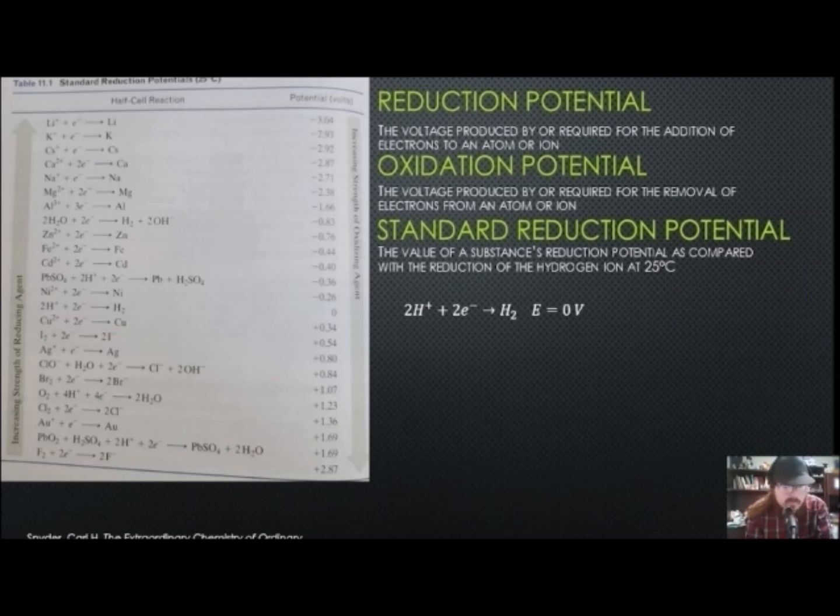Note, when you reverse the reaction direction, go from lithium plus to lithium solid, and flip that around from lithium solid to lithium plus, we would also flip the sign of the voltage. So reducing lithium requires 3.04 volts, but oxidizing lithium would produce 3.04 volts.